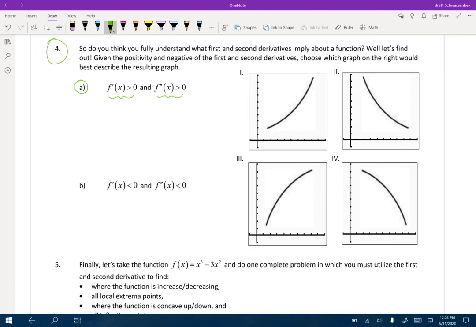This is a sort of bold question to ask right now because it does really require full understanding of the material. So let's first talk about what this means right here. If the first derivative is positive, what does that mean about the function on that interval? It is increasing.